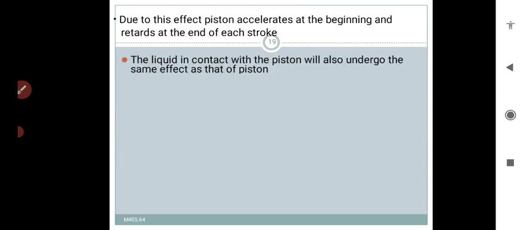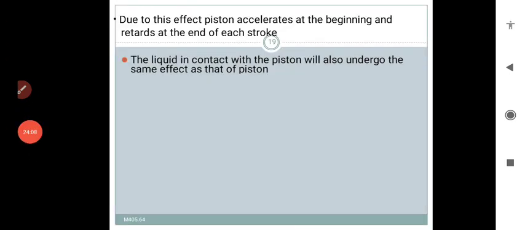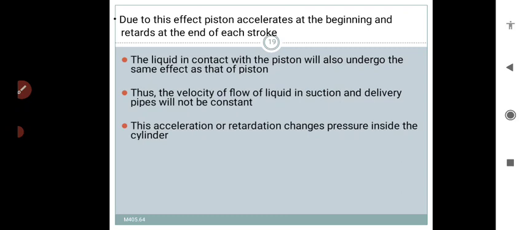Due to this effect, the piston accelerates at the beginning and retards at the end of each stroke. The liquid in contact with the piston will also undergo the same effect as that of the piston. Thus, the velocity of flow of liquid in suction and delivery pipes will not be constant.